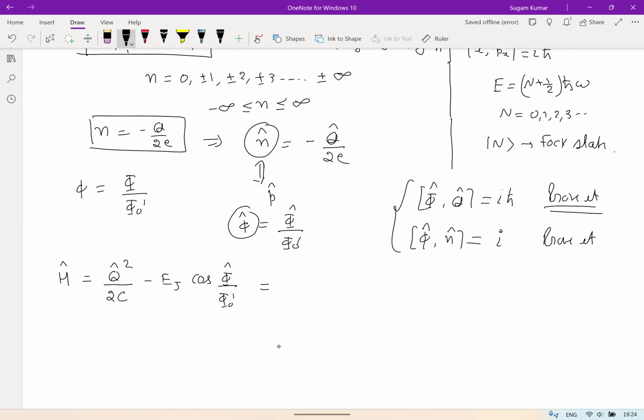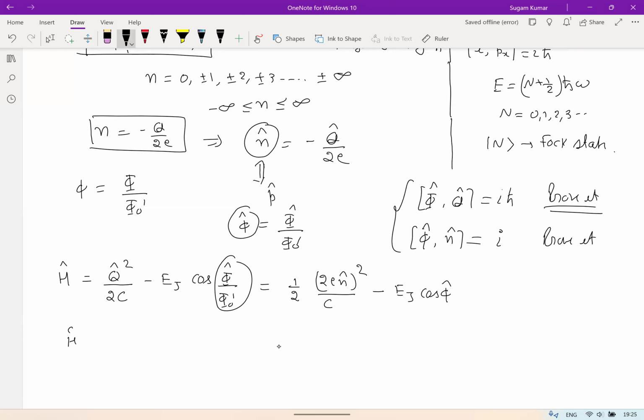So this is going to become (2en) whole square by C, minus EJ cos phi.